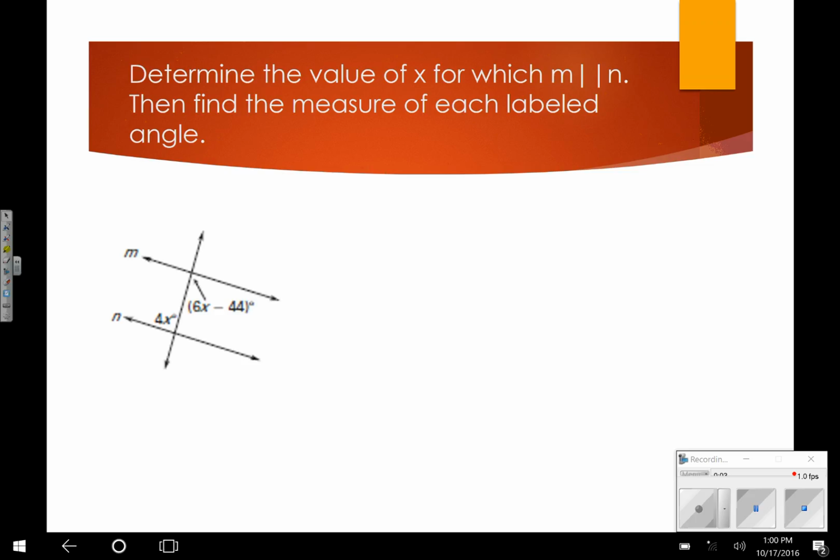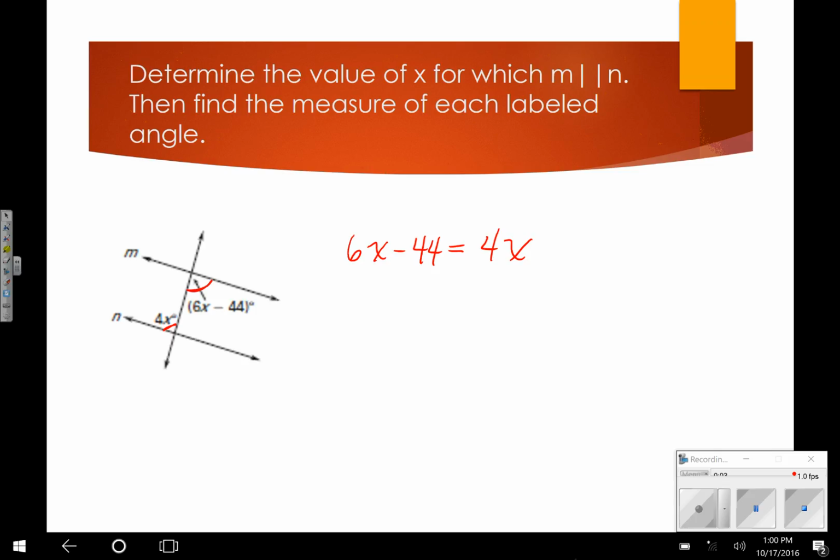Okay, so if I look at my angles, this is 6x minus 44, this is 4x. Those are alternate interior angles, so we know they're congruent. So 6x minus 44 equals 4x. Okay. So if these lines are going to be parallel, the angles have to be congruent.